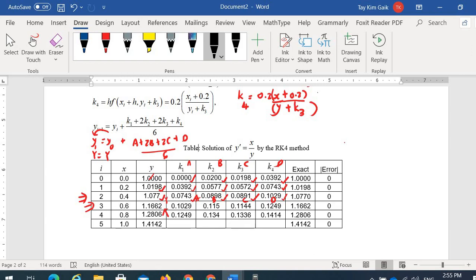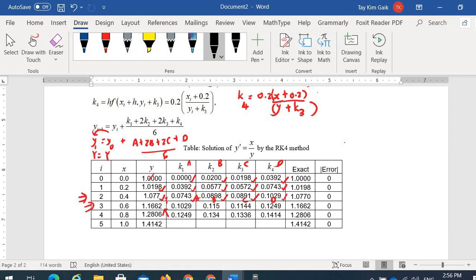And when you want to calculate the new Y, for example Y1, it depends on Y0 plus 1 K1, 2 K2, 2 K3, K4, divided by 6. The formula is Y equal Y plus A plus 2B plus 2C plus D, divided by 6.